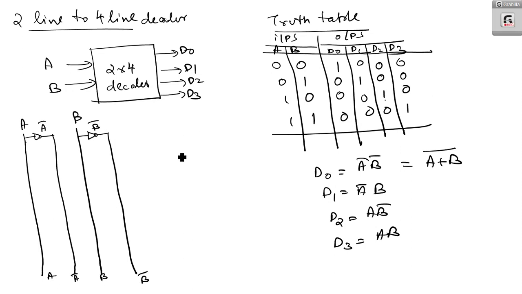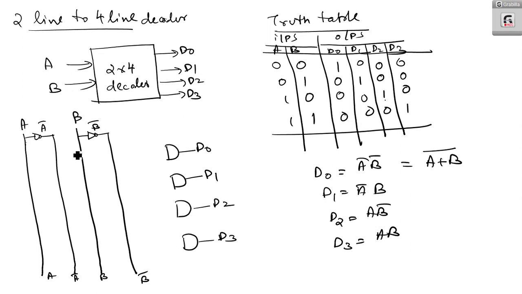Now I have 4 AND gates, with outputs D0, D1, D2 and D3.